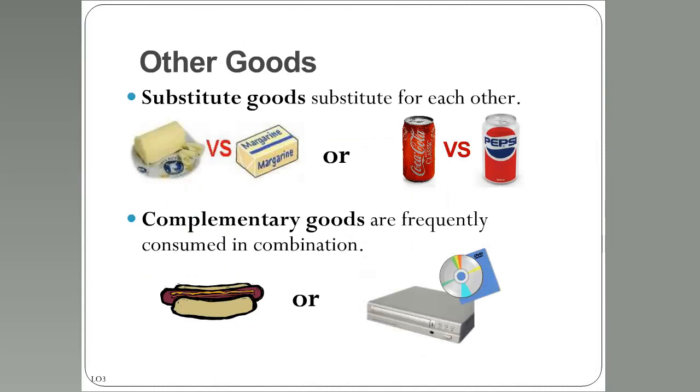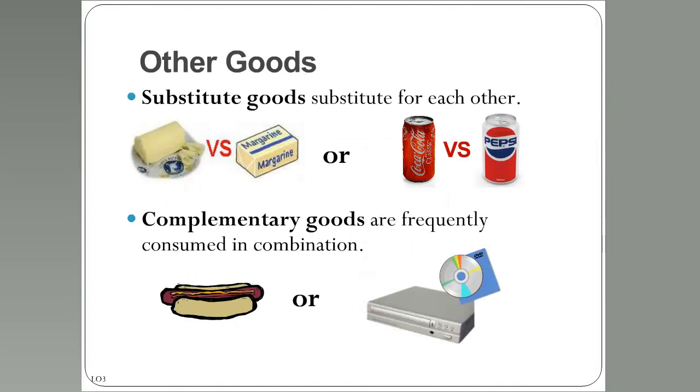Complementary goods are two goods that tend to become more useful or more enjoyable when they are consumed together. Examples are hot dogs and hot dog buns, peanut butter and jelly, printers and ink cartridges, DVD players and DVDs, computer hardware and computer software.